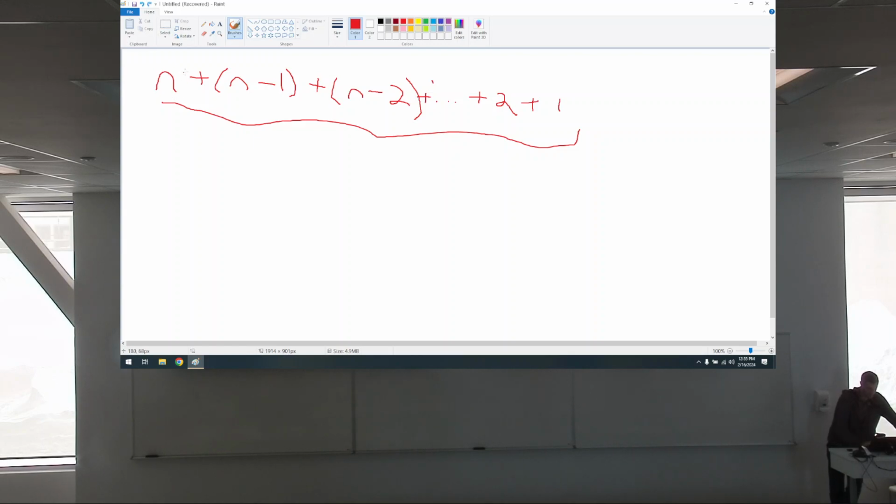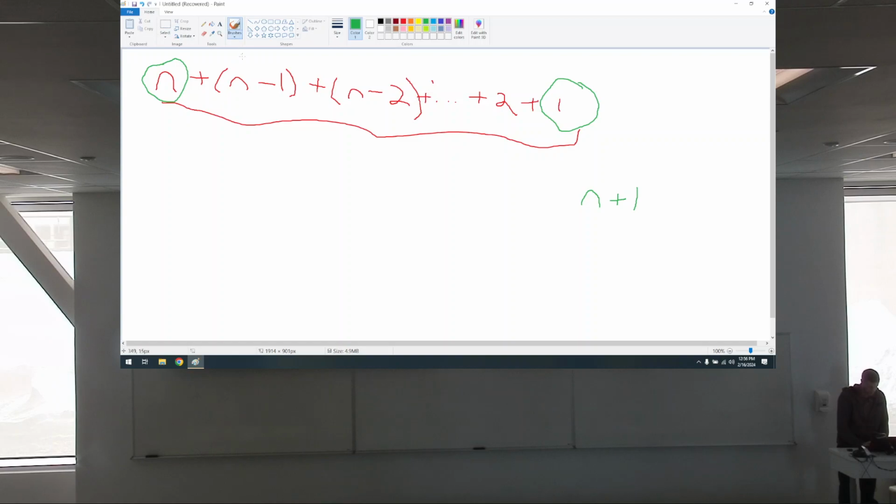Right. So let's take this one and add it to this one. What do you get? You get n plus 1. Let's write that down. N plus 1, right?